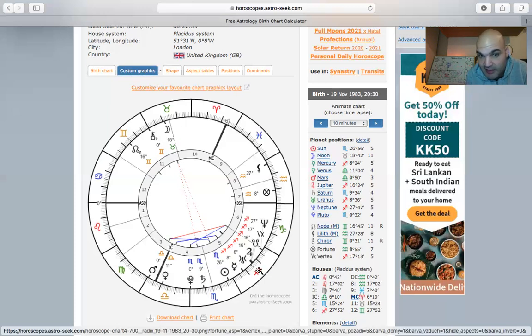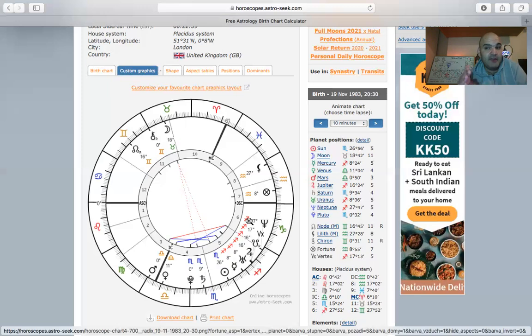Again, it's in this same area of philosophy, wisdom, higher knowledge, because my Uranus is in Sagittarius as well. And the same with Neptune, because Neptune is also in Sagittarius. So although my sun is in Scorpio, my main energies are Sagittarian.